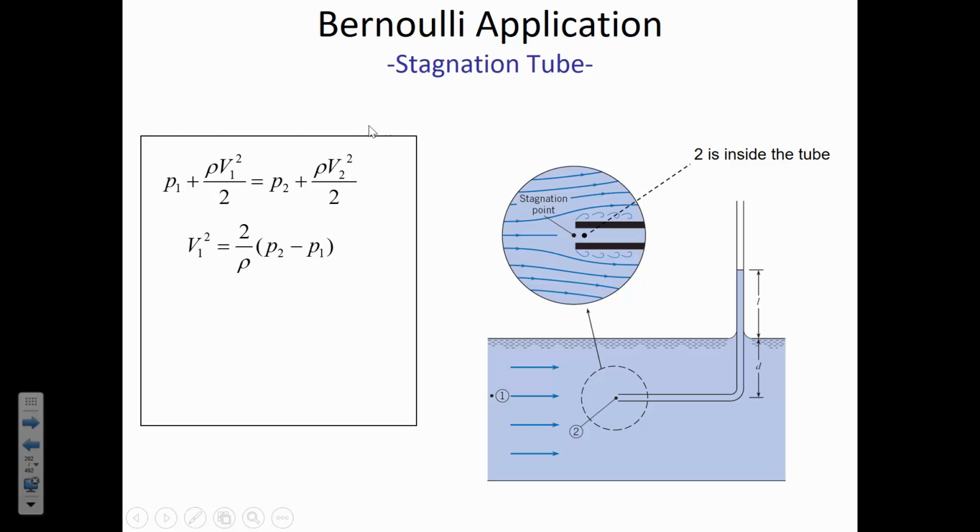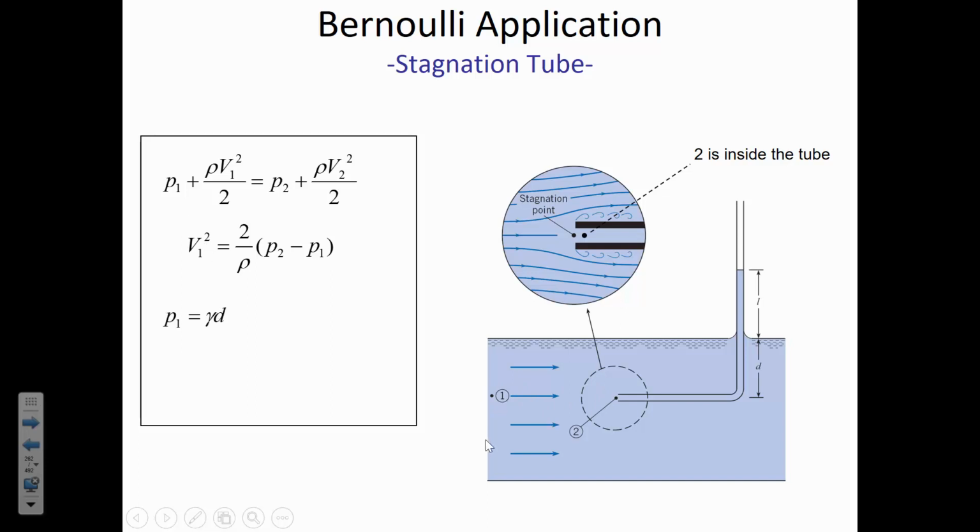So if you cancel out the V2 term from Bernoulli's equation, you can rearrange it to solve for the unknown velocity at 1. And what this is saying is that the velocity at 1 is equal to the change in pressure between 1 and 2 multiplied by 2 divided by the density.